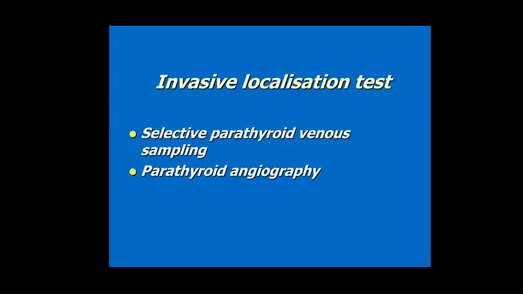Now, these are the non-invasive localization tests, which begin with the ultrasound of the neck or CT of the neck, and then go on to the technetium scan and the various improvements on that. Now, the invasive localization tests include selective parathyroid venous sampling, and alternatively, parathyroid angiography can be done.